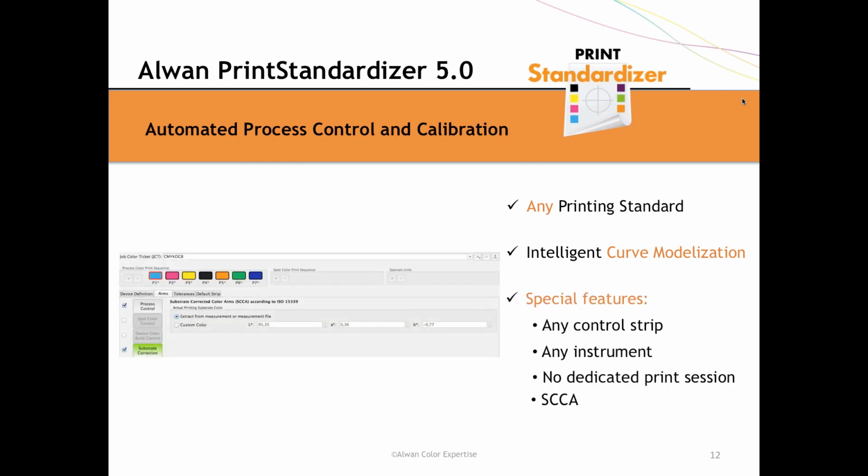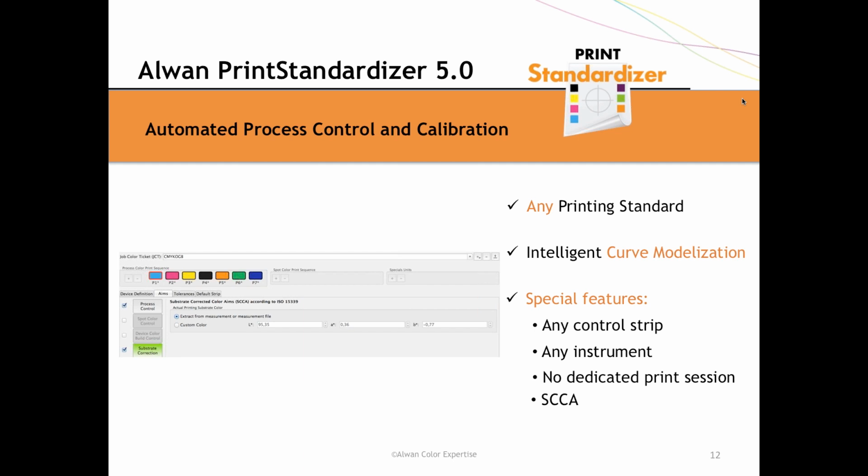And a lot of special features we use. We can use any control strip in the system and any reference with any instruments. And you save money by not having dedicated print sessions in order to calibrate the device.